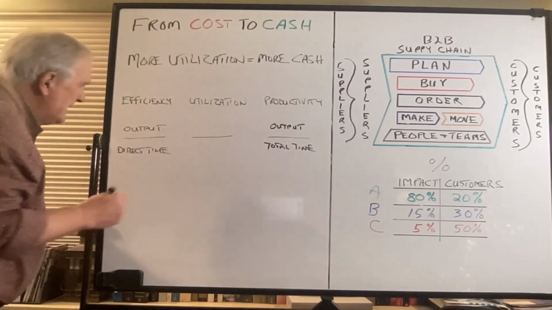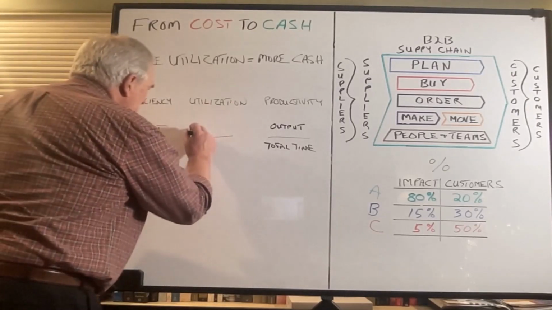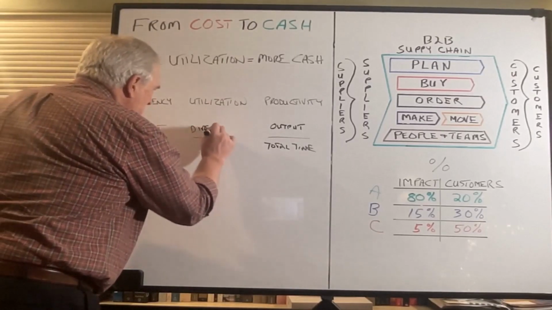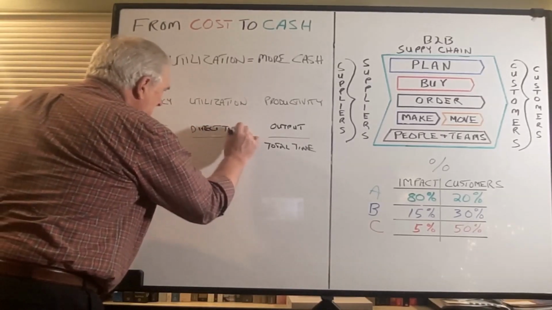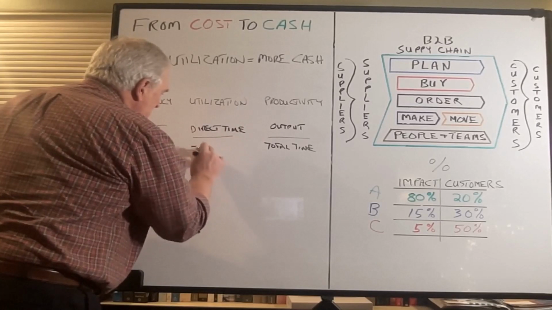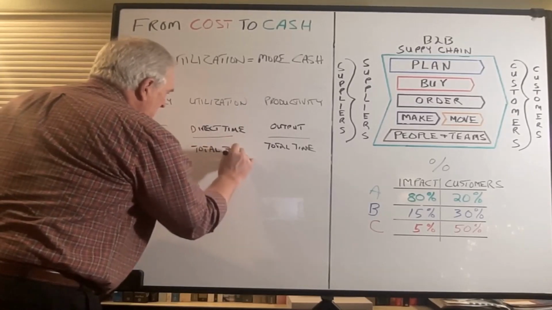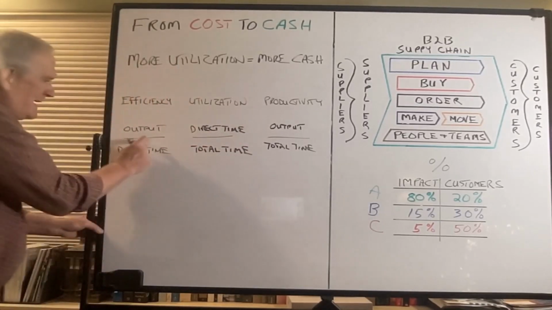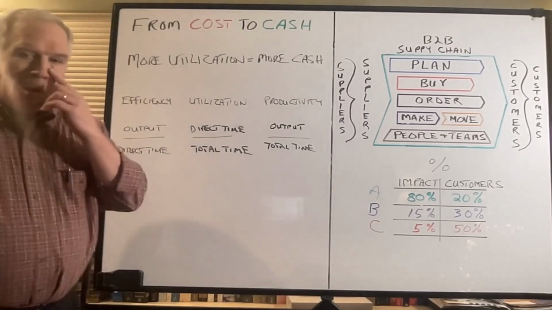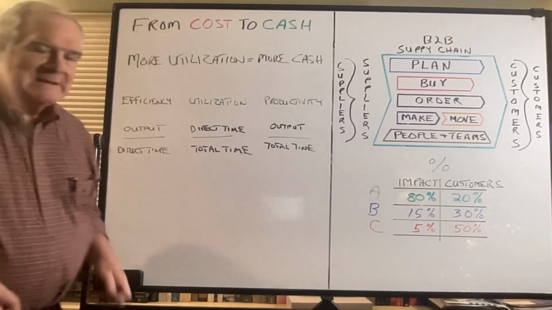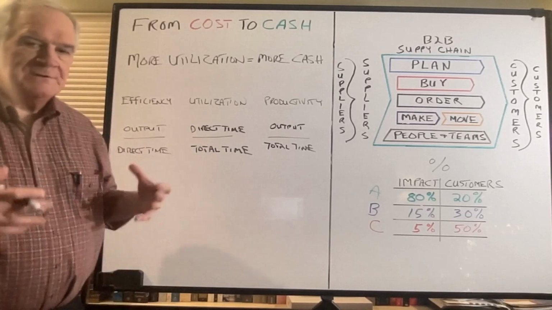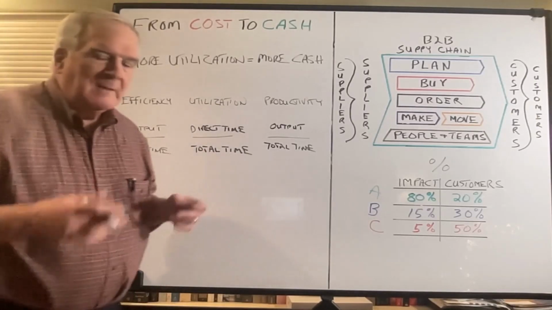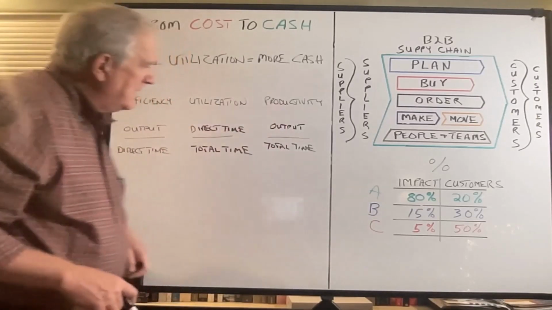Utilization, though, is how much of the total time is direct time. So how often, or what percent of the time, are we actually getting to generate output, right? And this is often the biggest opportunity for improvement to generate more cash, more throughput, more output, more productivity.